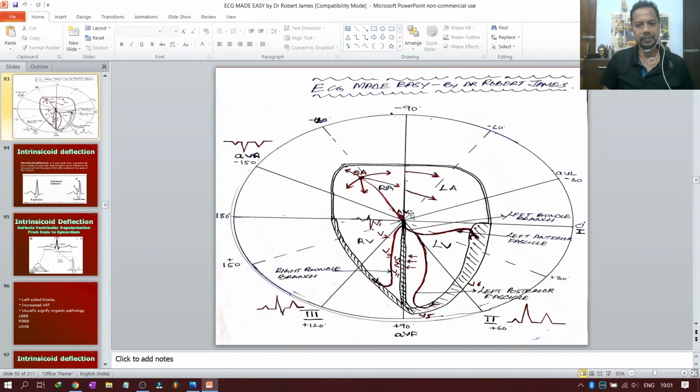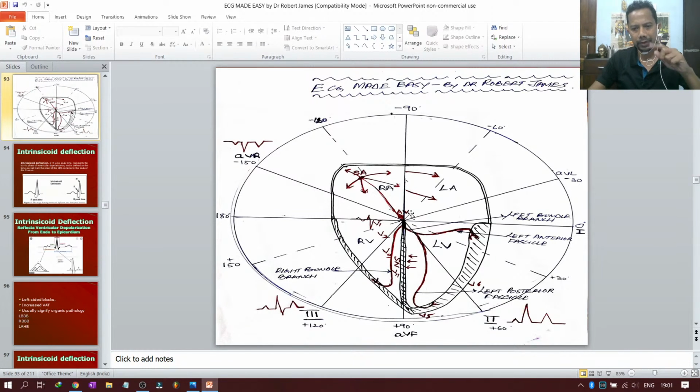Left axis deviation, broad QRS, tall R in V5, V6, concavity upwards ST depression, inversion of T wave, with reciprocal deep S wave in V1, V2. I told you V1, V2 lie in opposition to V5, V6. If something tall happens in V5, V6, a deep S will be drawn in V1, V2.